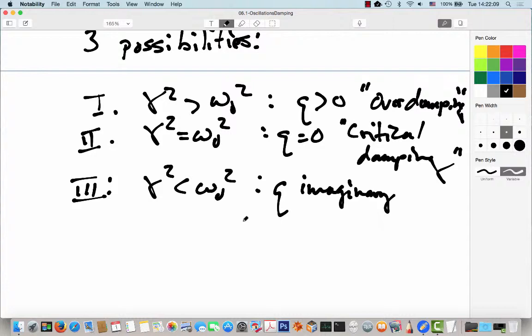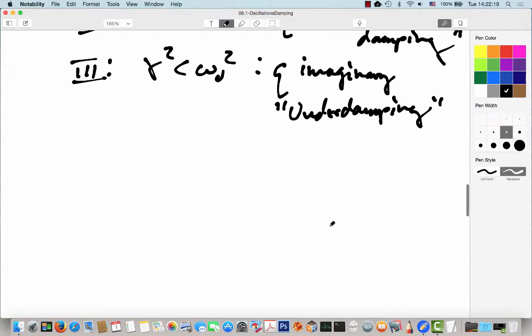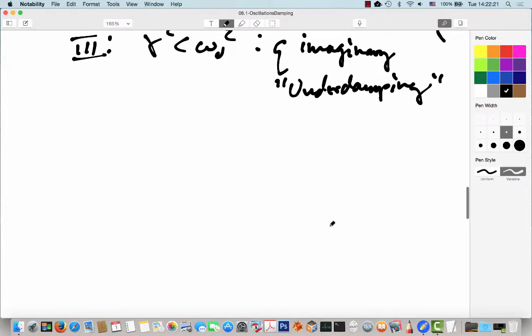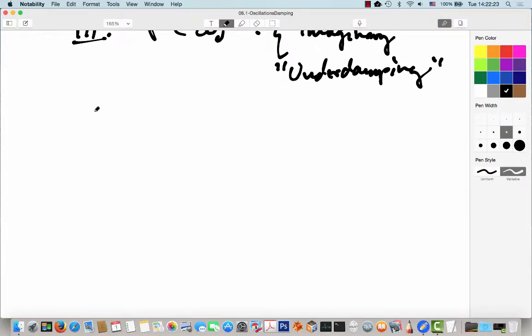And we call that underdamping. All right, so let's take a look at these cases in turn. So let's go first, case 1, the overdamping.